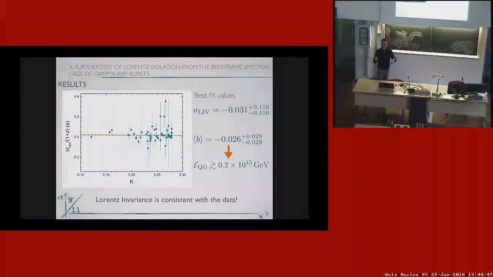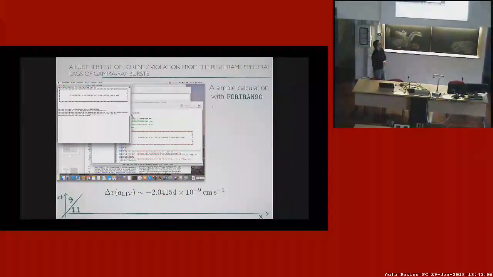I confess that I was a little bit skeptical about this result, because yes, I can notice that A_LIV is tiny, but compared to what? So I tried to make a little computation myself with a little code in Fortran 90, and I tried to convert the energy difference contained in that factor A_LIV into a velocity difference.